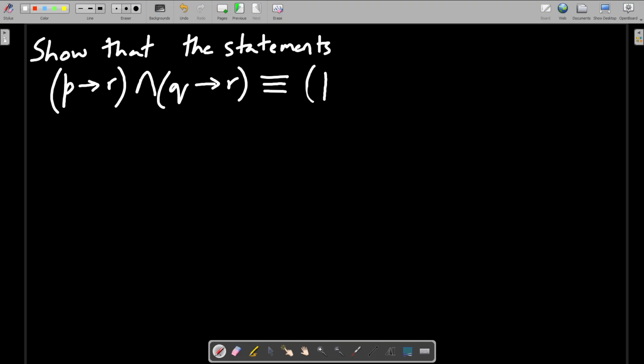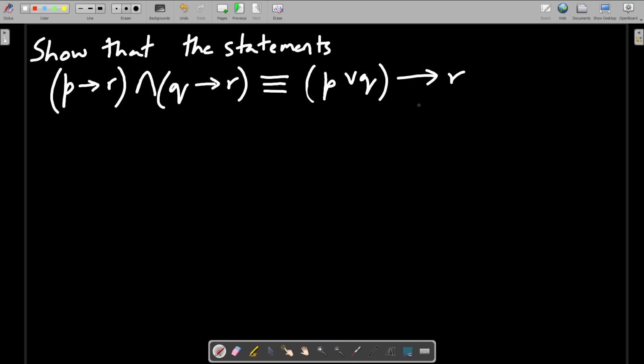This will imply that P or Q implies R. Let me just see this. Yep. So what is this statement actually telling you is, if P happens then R happens.